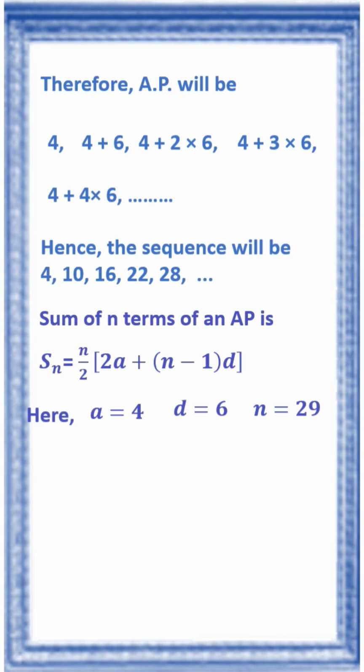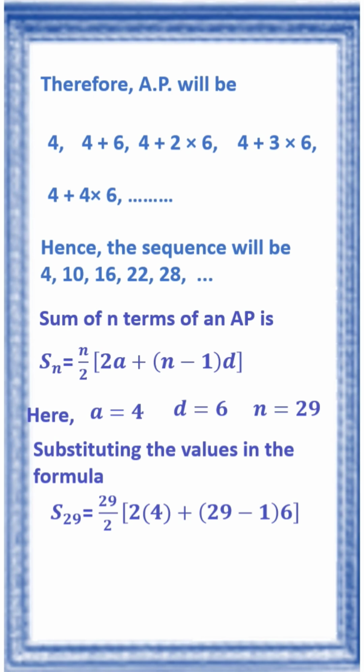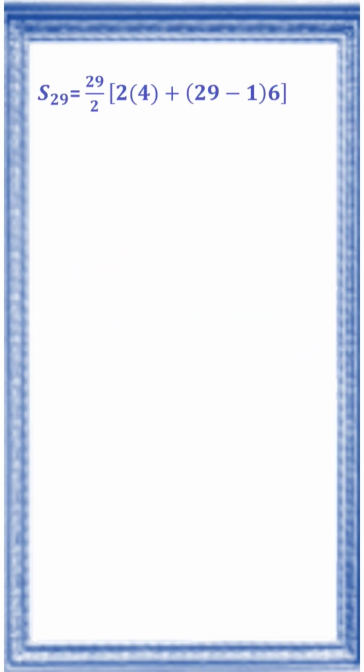Substituting the values in the formula, S29 is equal to 29 by 2 into 4 plus 29 minus 1 into 6. So S29 is equal to 29 by 2 into 4, here 29 minus 1 is 28, into 6.